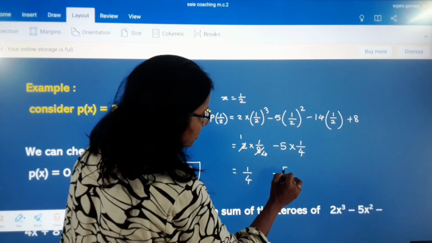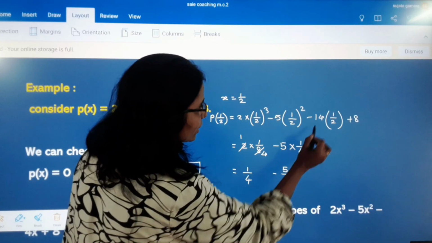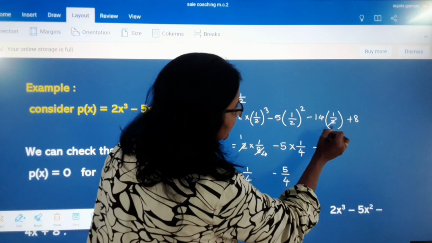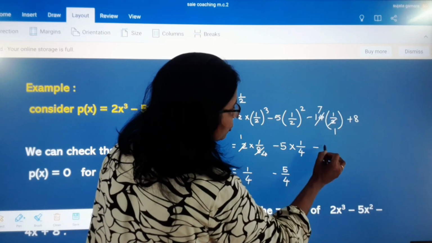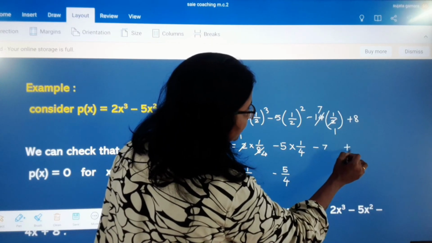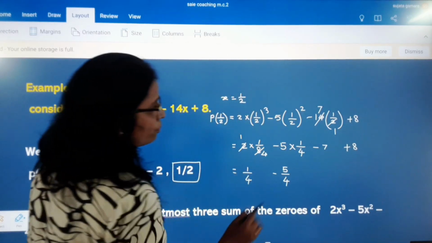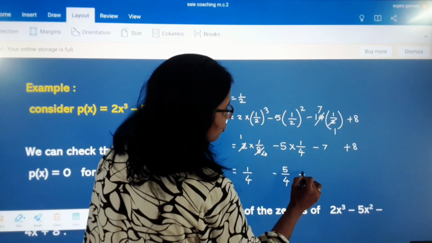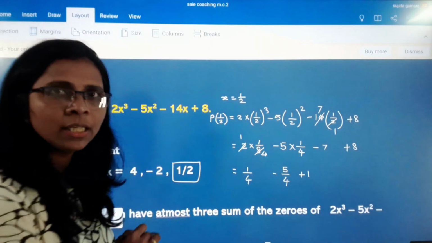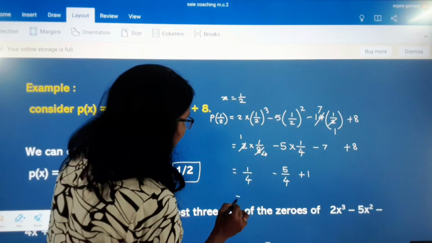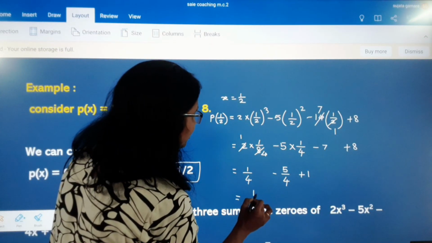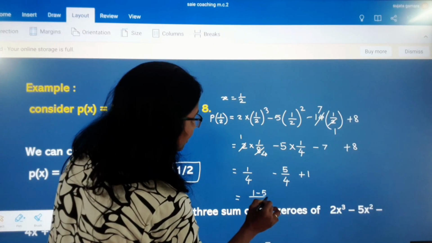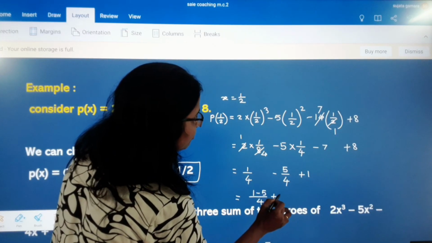That means minus 5 upon 4. Now minus 14 into 1 upon 2: 2 ones are 2, 2 sevens are 14, so minus 7, and then plus 8. Minus 7 plus 8 means plus 1. The denominators are the same, so we can write 1 minus 5 upon 4, and plus 1.